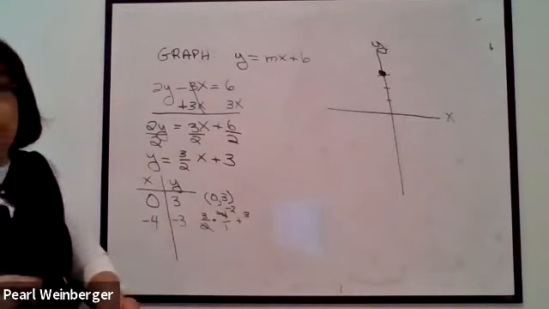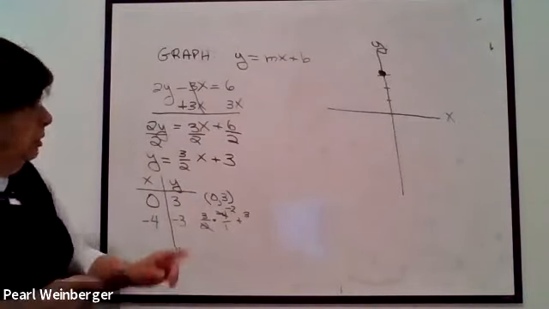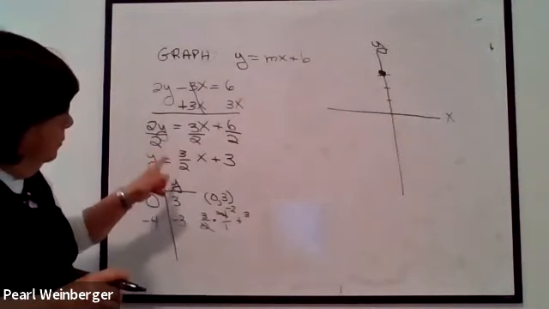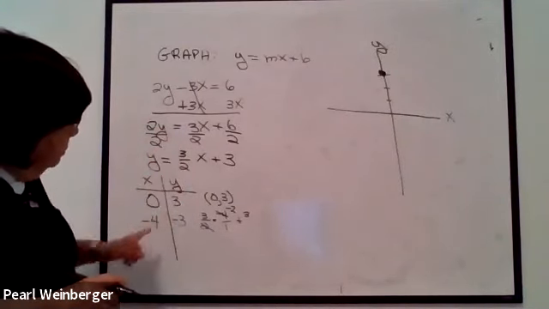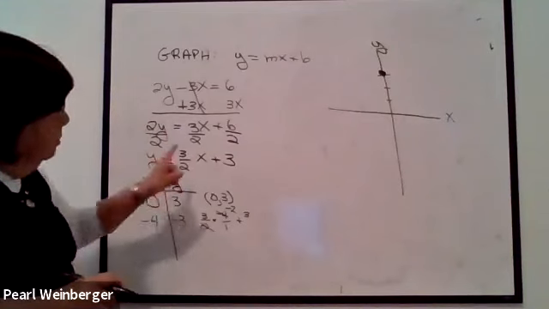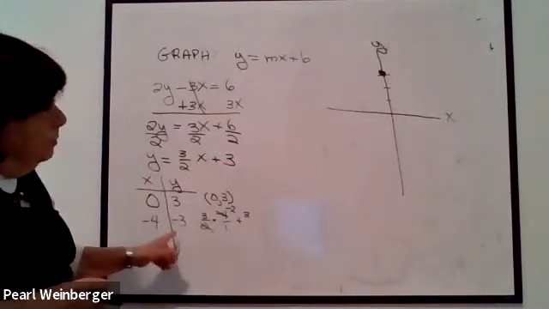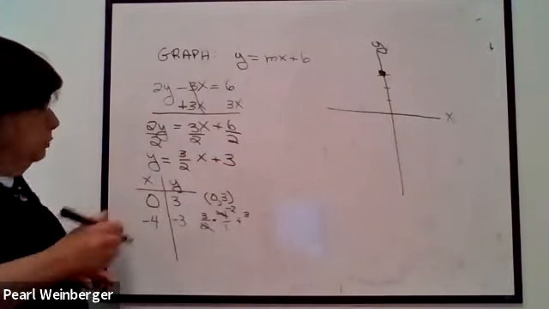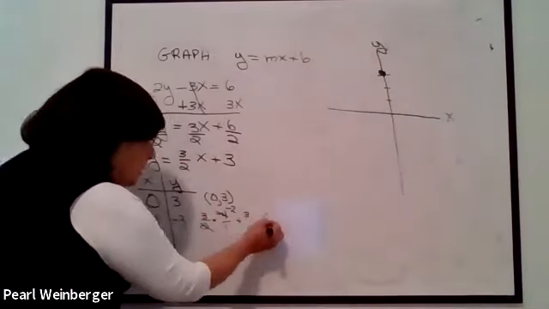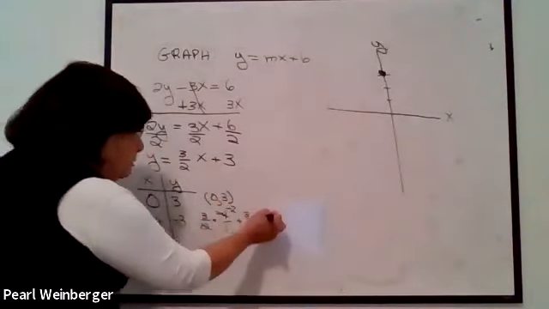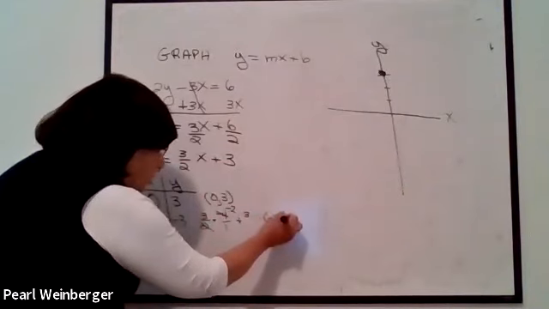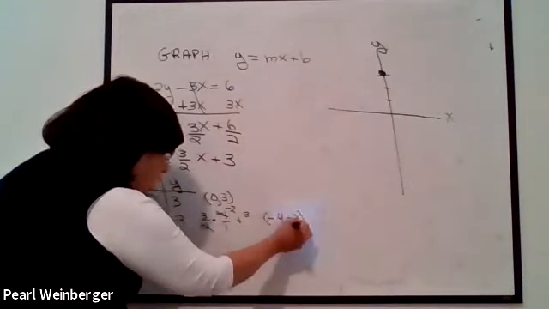Again, you could have done this all on your calculator, just doing 3 divided by 2 times -4 plus 3, and you would come out with a -3. Which means that your next point on this line is the point -4, -3.